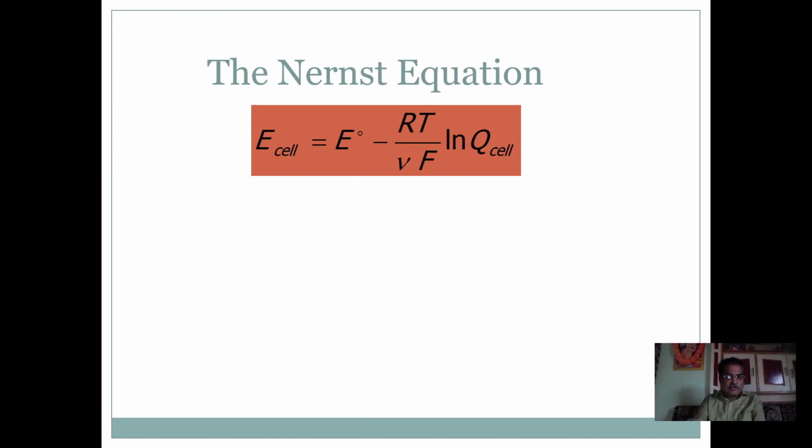The Nernst equation: E cell is equal to E0 minus RT divided by nF log of Q. Here n is the number of electrons transferred and Q is the reaction quotient. E cell is the EMF of the cell.